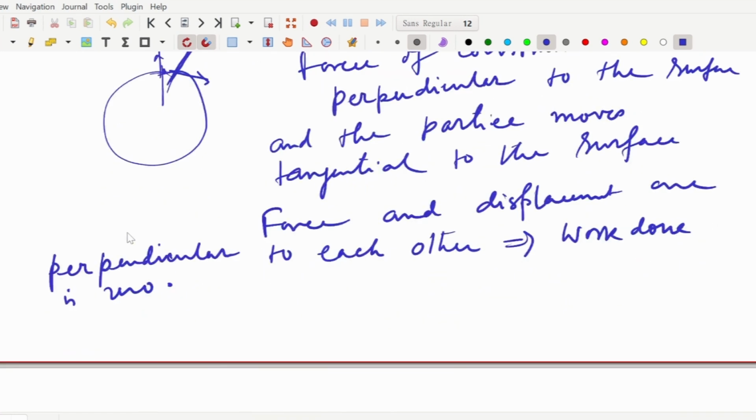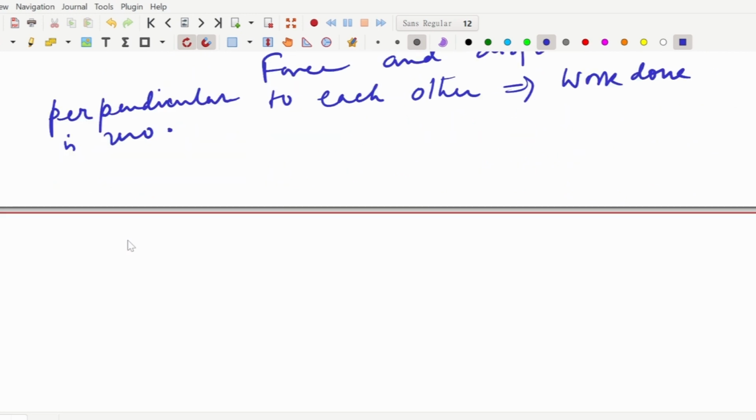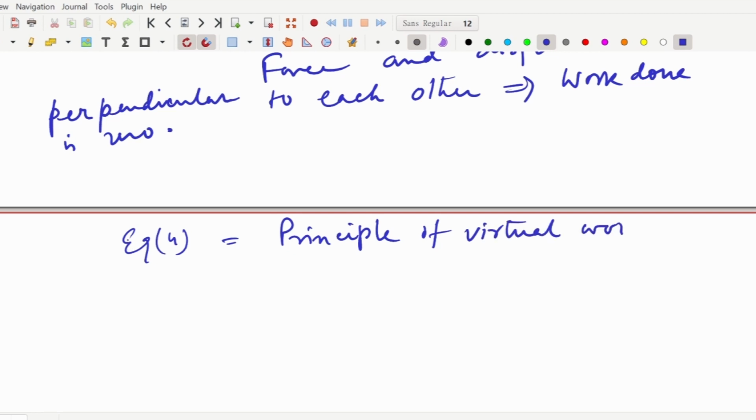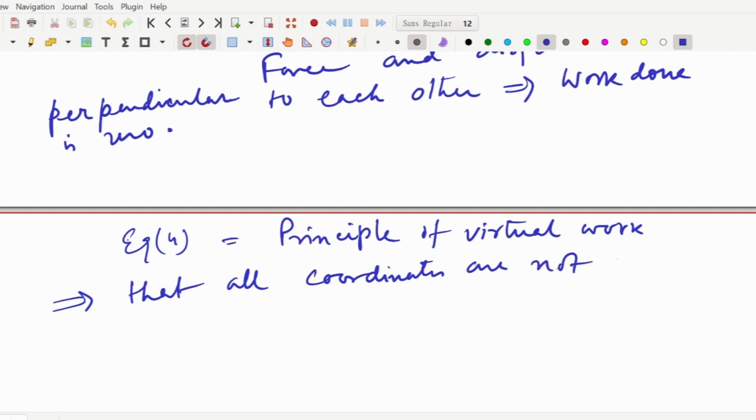So at equation 4 we have the principle of virtual work. That principle implies that all coordinates are not independent.